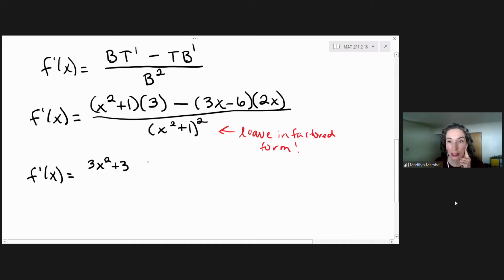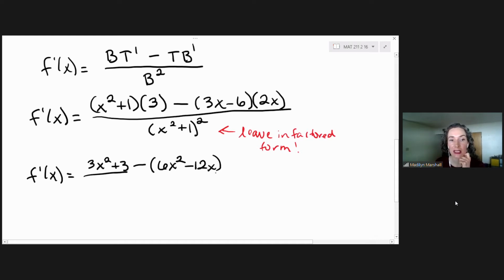I'm going to do this in 2 steps just to show that we have to be super careful here. So we have a minus sign in front of the 3x minus 6 times 2x. So we can first distribute that 2x in. So we have 6x squared minus 12x.